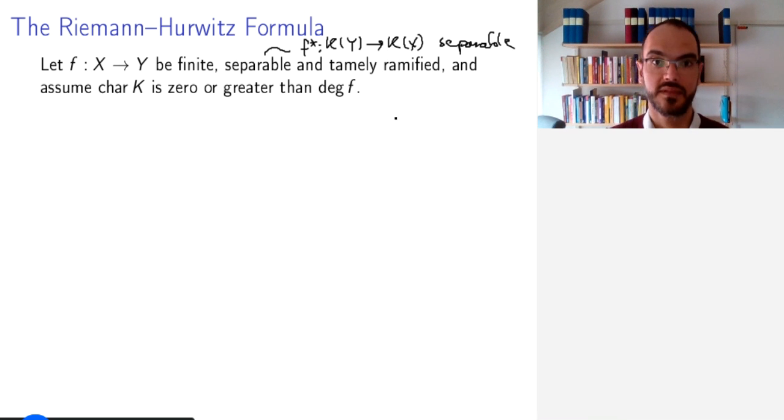Tamely ramified means that the characteristic of K doesn't divide any ramification index. We also assume, to avoid problems with the characteristic, that it's either 0 or greater than the degree of f. As usual, we are working over an algebraically closed field of characteristics satisfying this.